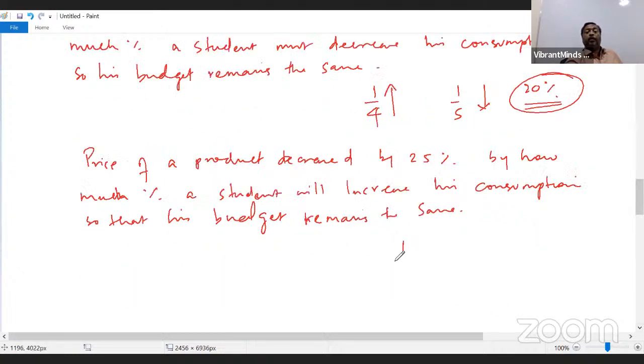Now, the price has decreased by 1/4. So it will have to increase by 1/4 minus 1, that is 1/3. And 1/3 is what? 33.33%. Did you get my point, everyone? Is it clear? Is it okay?